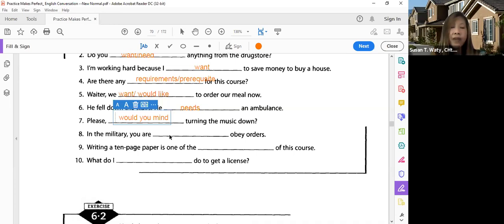All right. Remember, this is are here. You are. If you're gonna use are, you don't use have to. That's a combination of so many verbs. So here has to be a verb: you are and then the verb, obey orders.